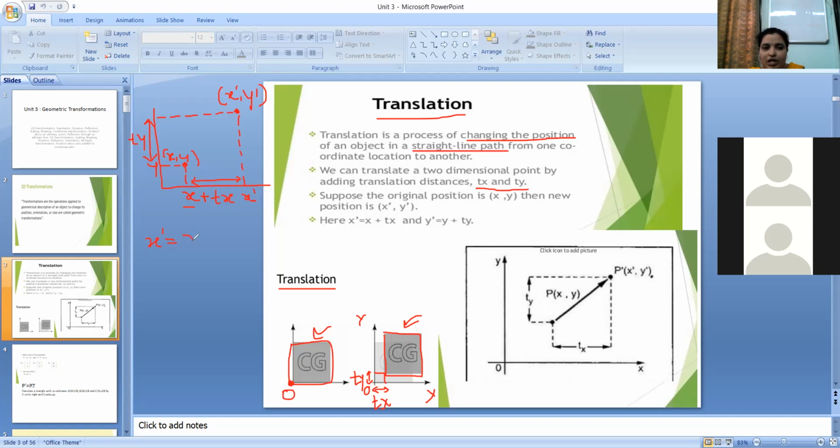So the x dash formula is your original coordinate x plus tx, the displacement factor along the x-axis. Similarly, y dash is nothing but the original value y plus this ty distance. When I perform the addition of y and ty, it gives me y dash, the y coordinate of the point. So these are the two expressions I am getting for translation.